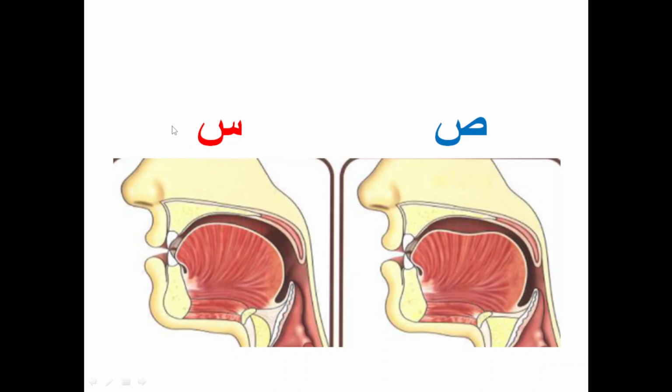Sad and Seen, in terms of makhraj, in terms of the area of articulation, they are from the same area. It's the tip of the tongue getting close to the alveolar ridge, to the area just above the upper teeth. Same for the Seen. Sad and Seen are from aswat as-safir, meaning the whistling sounds.